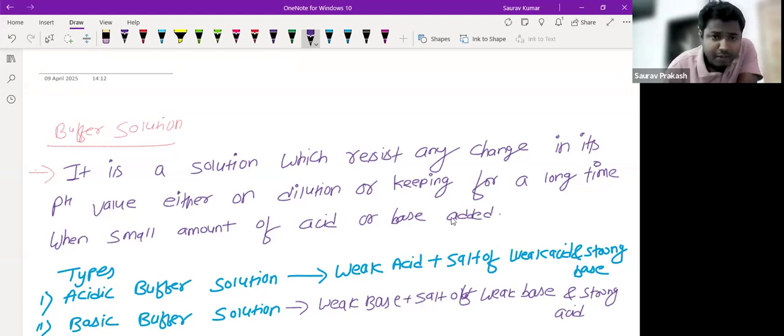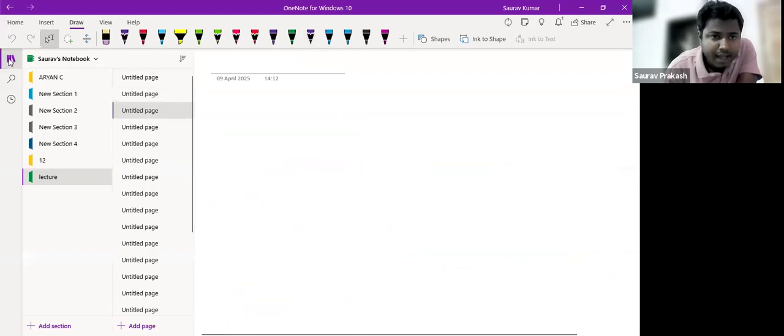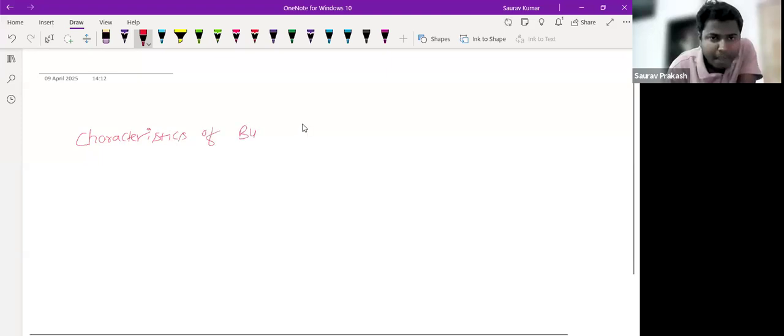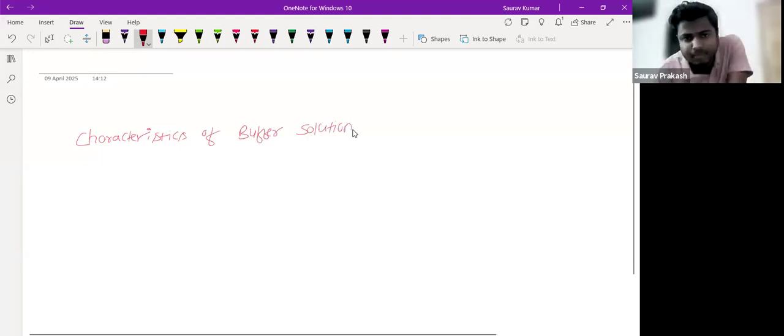Then we will learn the characteristics of buffer solutions. What are the characteristics of a buffer solution?